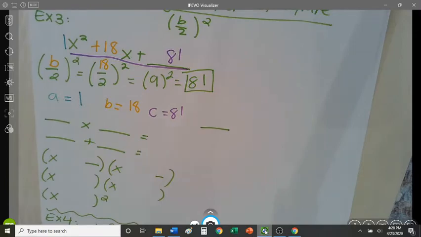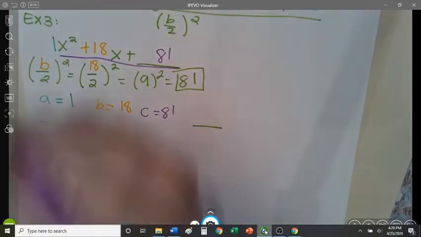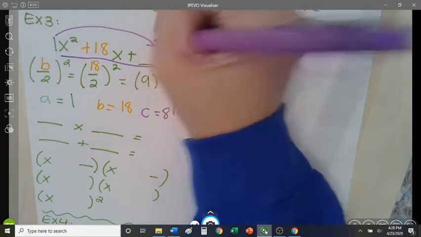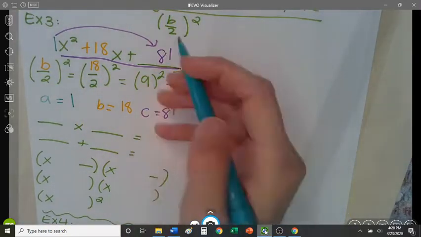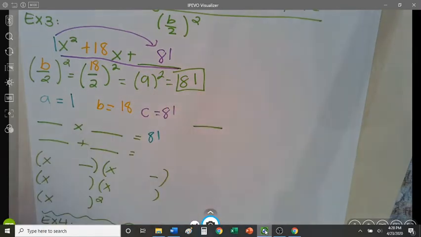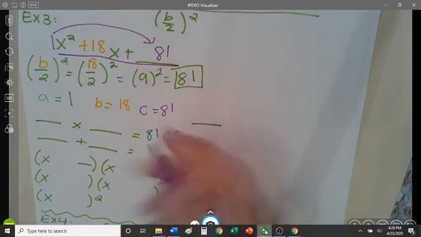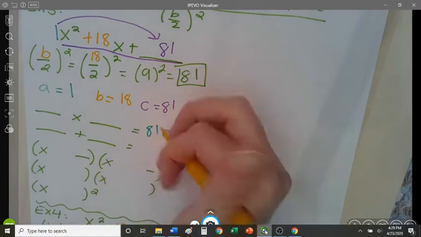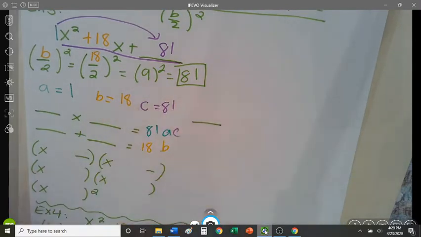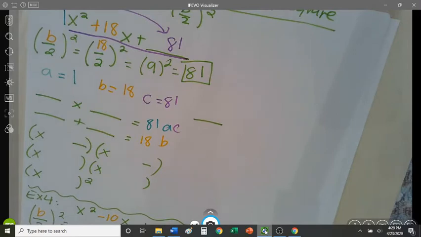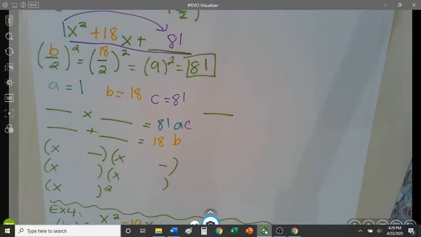Okay, so again, we have 3 terms, a quadratic, which means we'll be sliding and dividing. So I'm going to slide my A to my C. 1 times 81 is 81. So this is my A times C, so AC. And then my B term is 18. I'm trying to find two numbers that multiply to be 81, which is a positive.